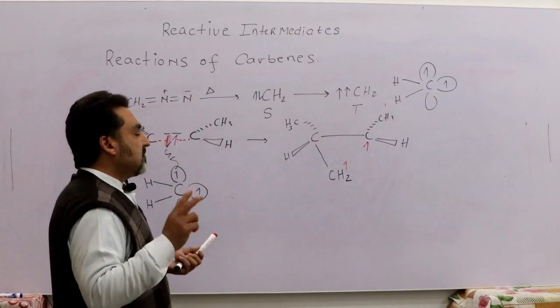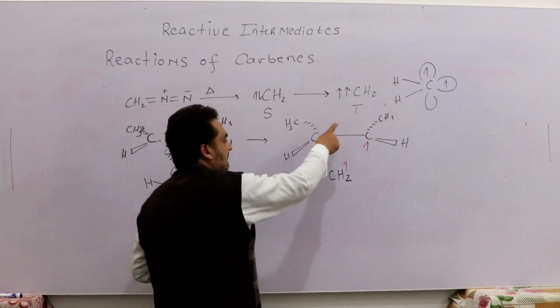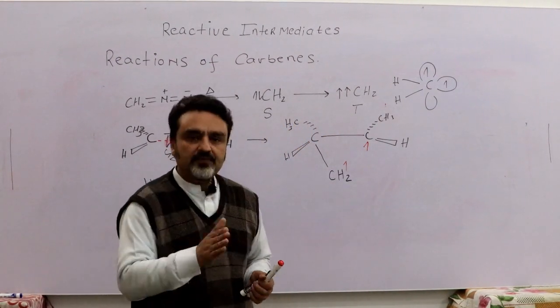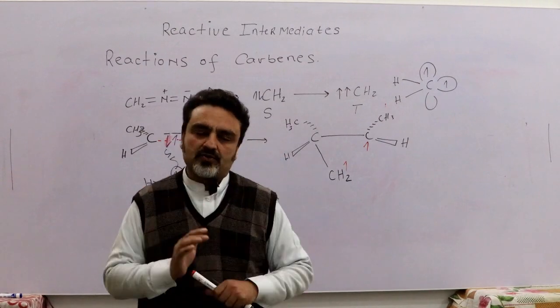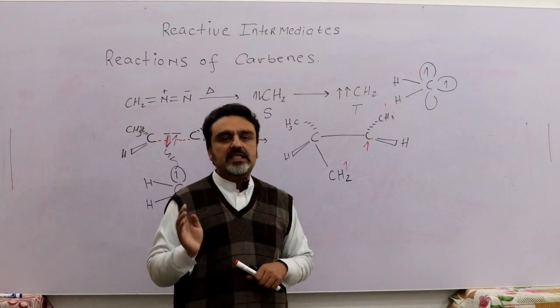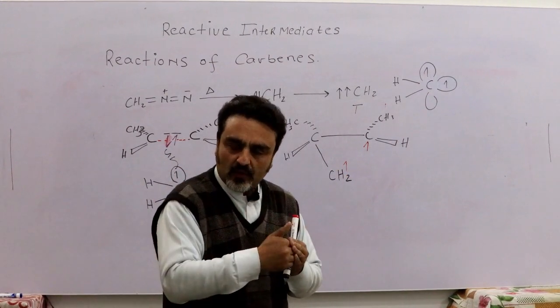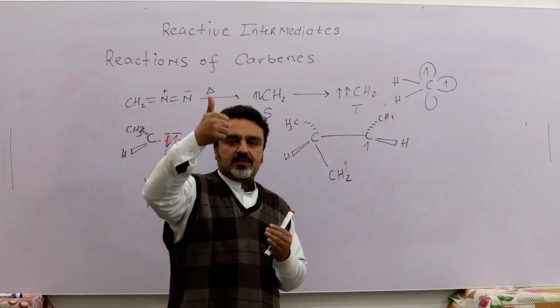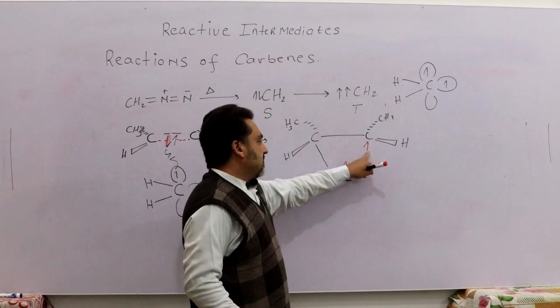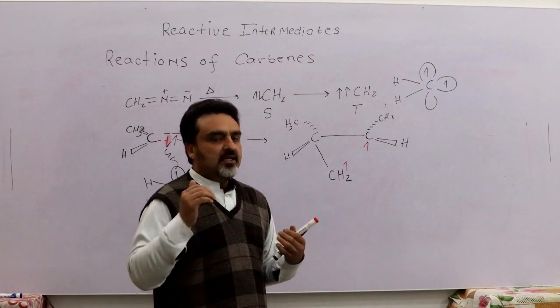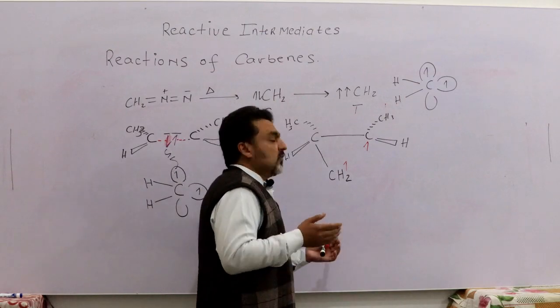Now the bond can rotate, and the spin can also flip. The spin flipping is a little bit slower process, because it occurs only when one molecule collides with another molecule, and the spin will flip down. Either this one will spin down or this one will be spinning down. We don't care.